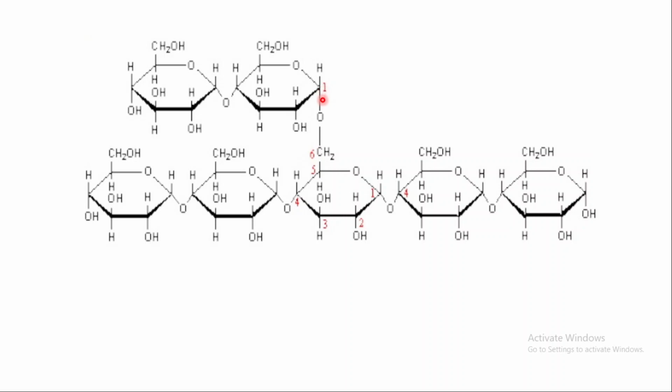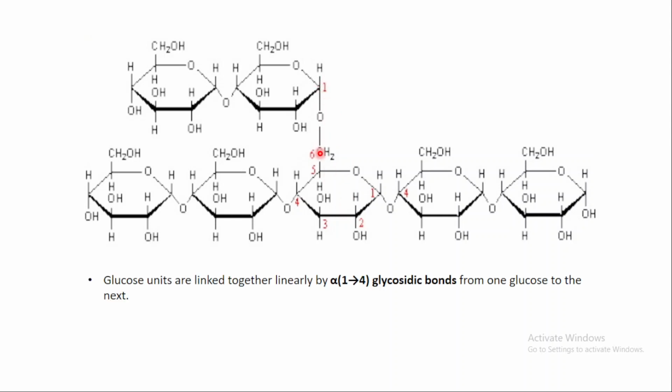This will be an alpha 1,6 glycosidic bond. So in a glycogen molecule, glucose is the structural unit, and there are two kinds of bonds present. In the linear polymer, there is the alpha 1,4 bond, and at the branching sites, there is the alpha 1,6 bond.